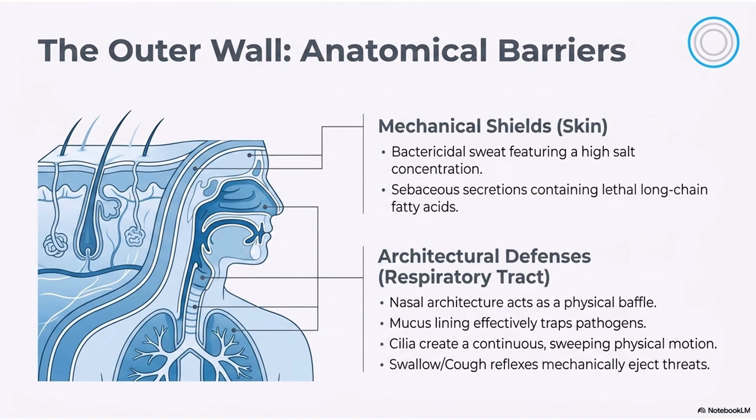Then the basic structure of the nose itself does not allow the pathogens to enter very freely. Once it enters inside, you have a mucus lining where these pathogens can get trapped. In the respiratory tract, you have cilia which have a particular motion driving out the organisms and not allowing them to go inside. Plus, you have the swallow or cough reflex, which can basically throw out the organisms.